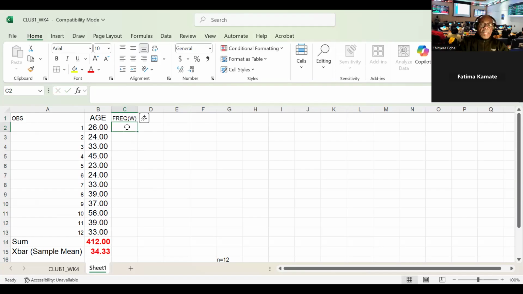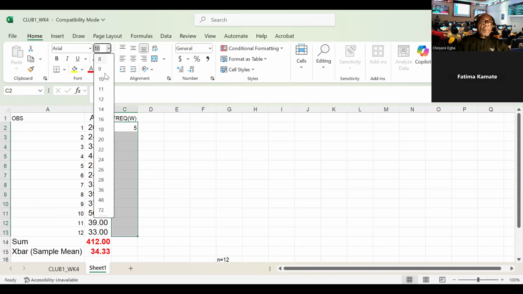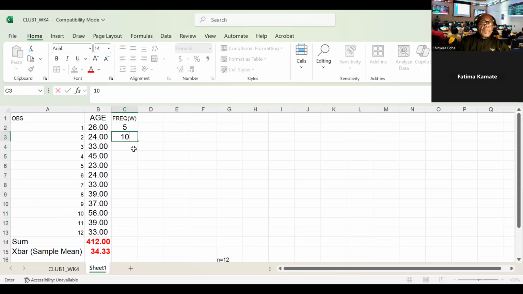Let us say that 5% were age 26, 10% age 24, 15% age 33, 12%, 10, 14. I'm using arbitrary numbers here to make the illustration real.